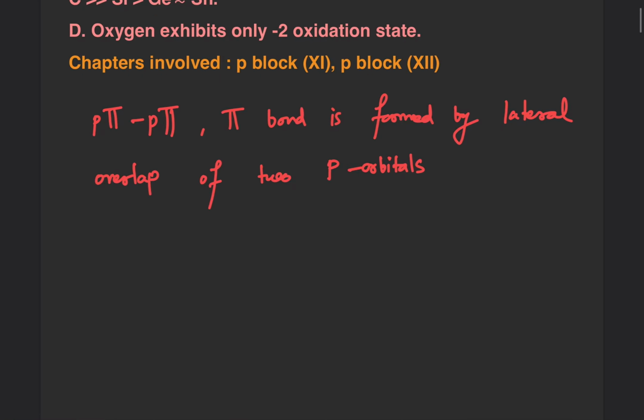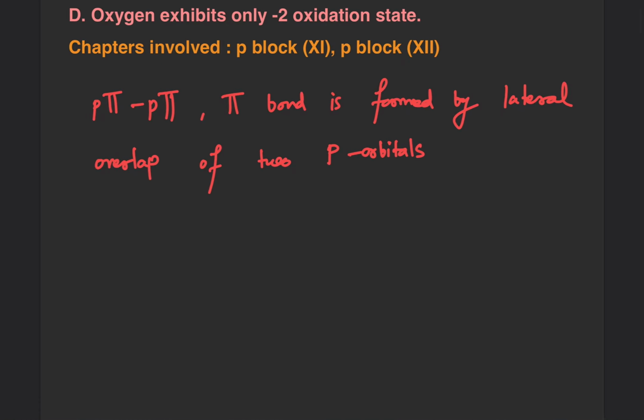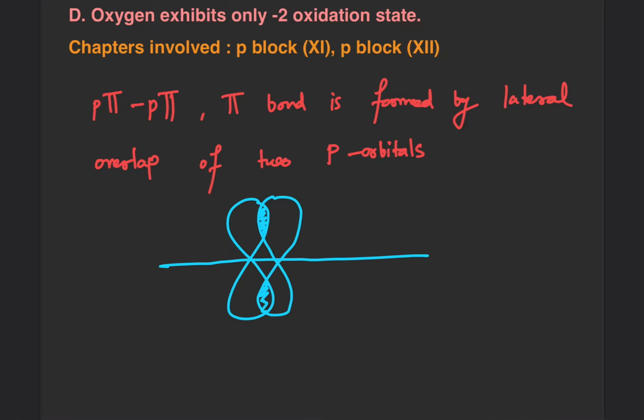Okay, that is with respect to the diagram. So this is the p orbital which is contributed by an atom. This is the p orbital which is contributed by another atom, and this overlap is the p pi bond.